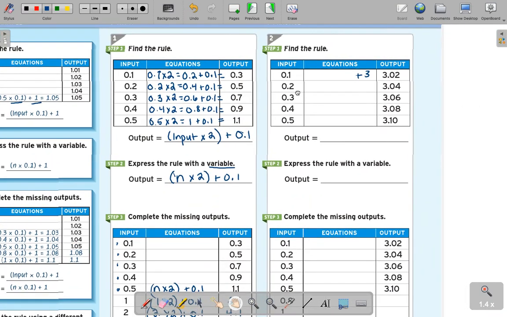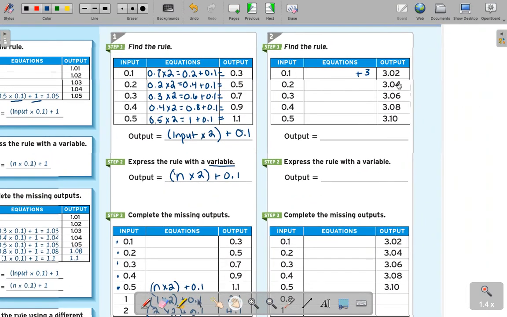However, this goes from 1/10 to 2/100. So I'm thinking I have to take my 1/10. Well, what times 1 equals 2? Anything times 1 equals itself, so it's got to be a 2. So I'm going to take 1/10 times 2/10, and then I'm going to add 3 to it.